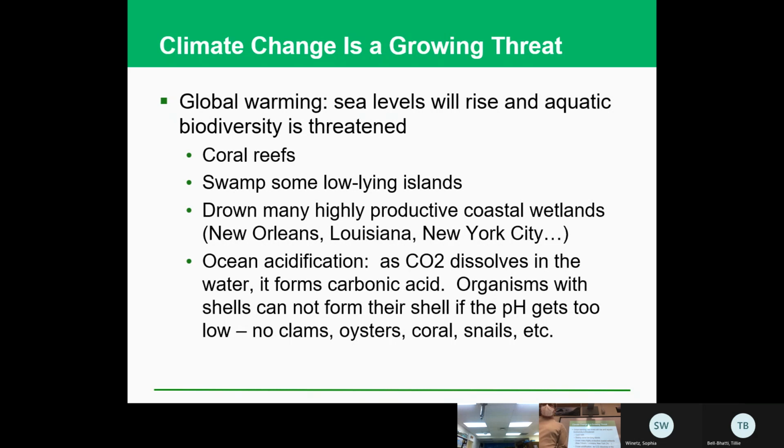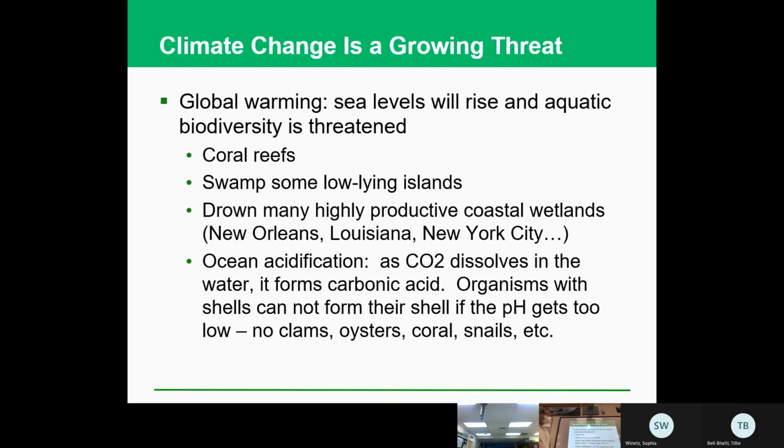It makes it a little acidic. And as a result, that acidic water can prevent animals from building their shells. And that includes coral, it includes clams and oysters and scallops. Anything with a shell may have a difficult time if we lower the pH of the ocean too much.